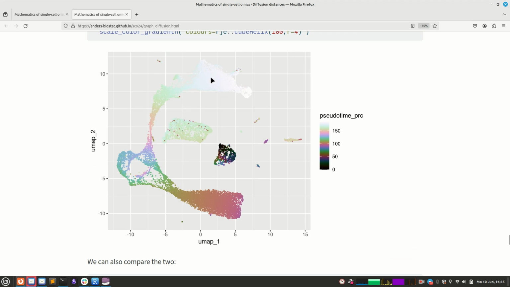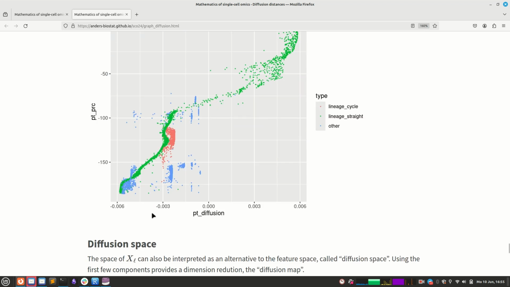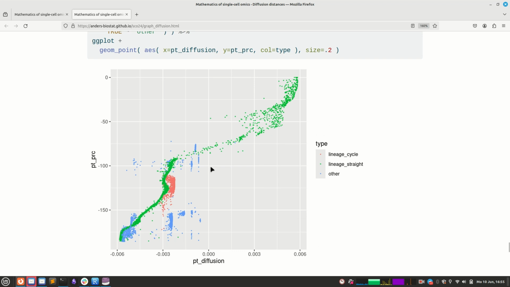Now each cell has two pseudotimes, one from our diffusion process and one from our principal curve, and we can compare them. And that's what I put here. The green ones are the lineage cells, the red ones are the cycling cells, and blue ones are those which are actually outside the lineage. On the x-axis, the diffusion pseudotime, which is calculated by looking at the difference between the diffusion distance to the start and to the finish.